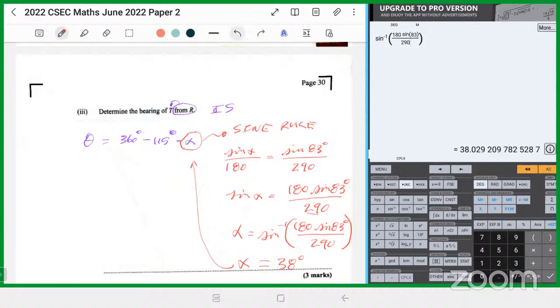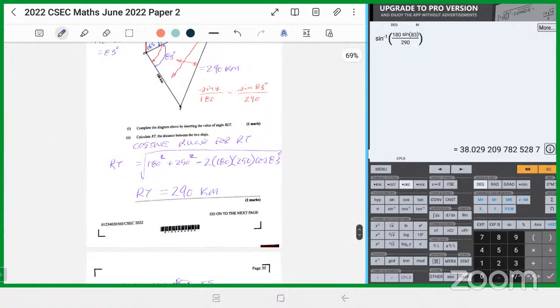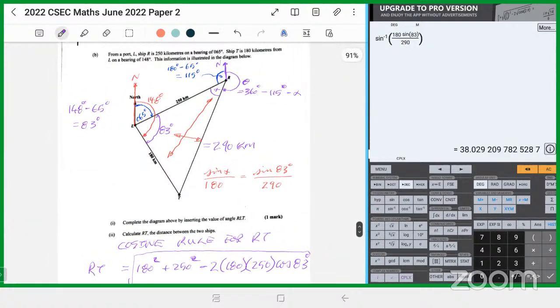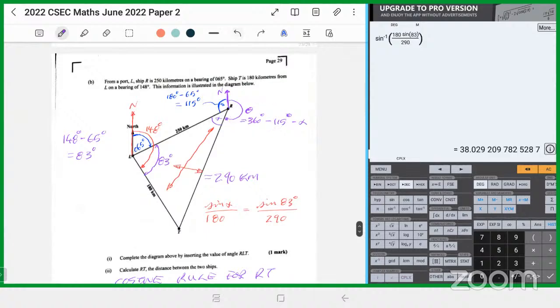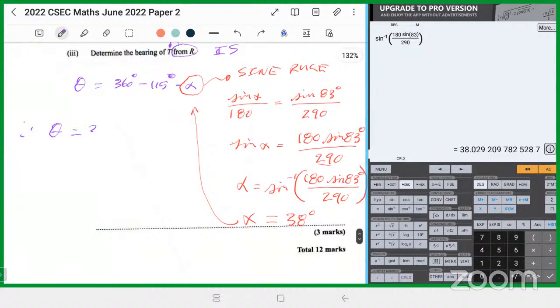All right, so if I go back to my original calculation, which is the bearing angle calculation, then I say, therefore, the bearing angle theta on my diagram, which is this bearing angle over here, reduces to 360 degrees minus 115 degrees and minus the alpha, 38 degrees.